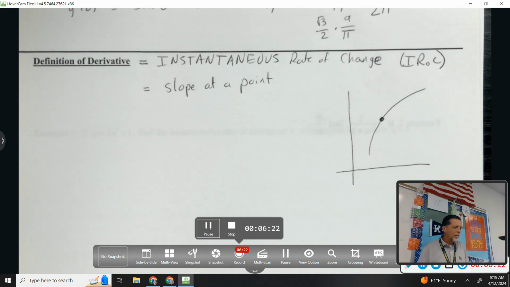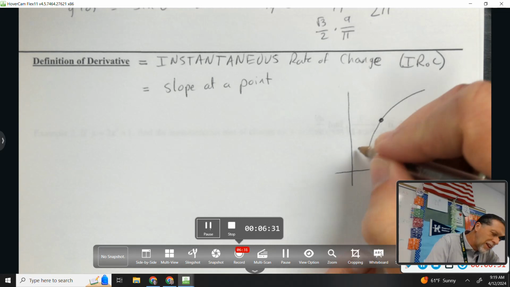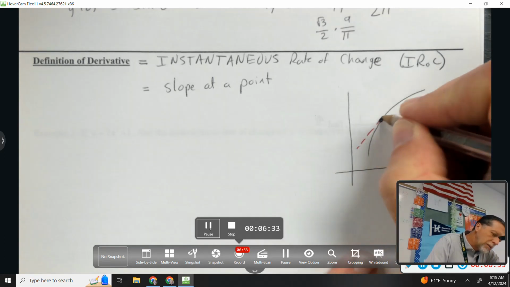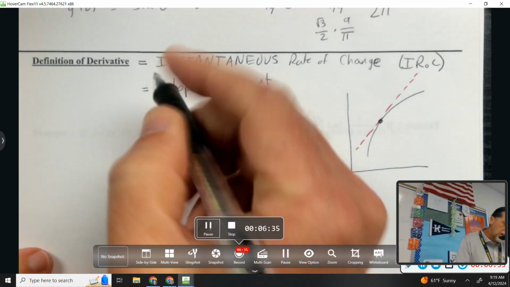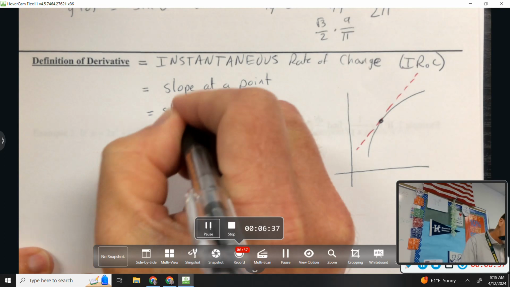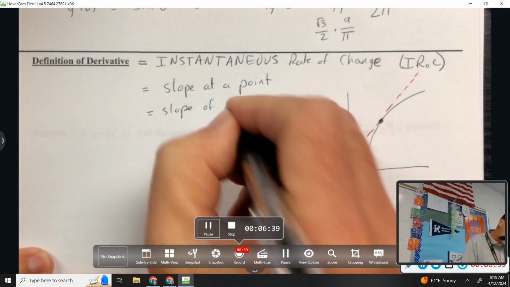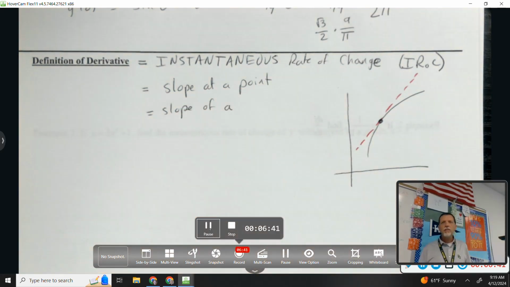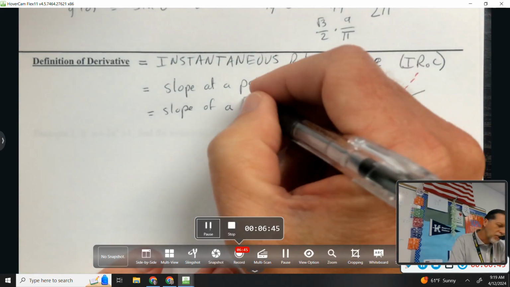Like that's the whole deal. You got to have 2 points to have a slope. And now we're saying, well, we'd like the slope at that point, which doesn't really make sense. So instead we call it the slope of A. You know what I just drew there? You know the name of that thing? Tangent line. It's a tangent line. So the slope of a tangent line.